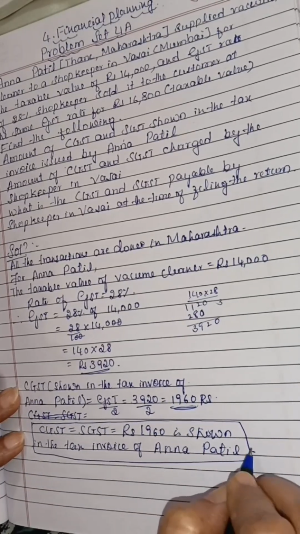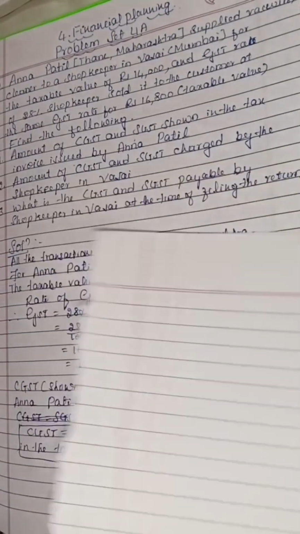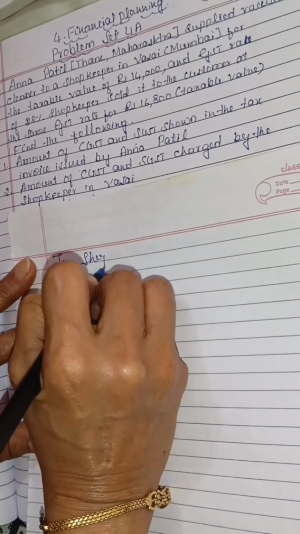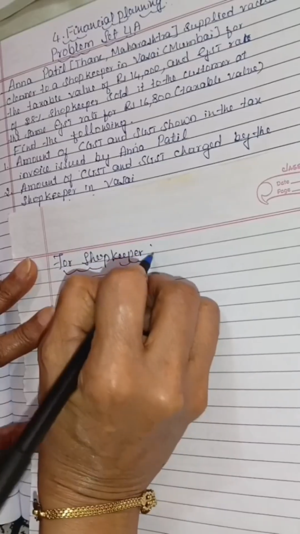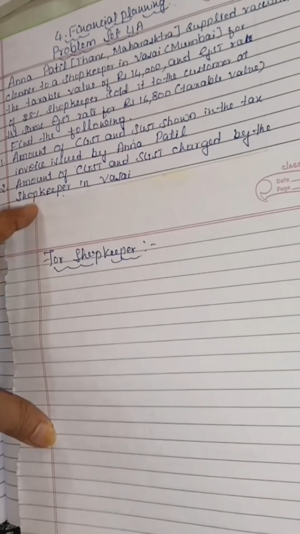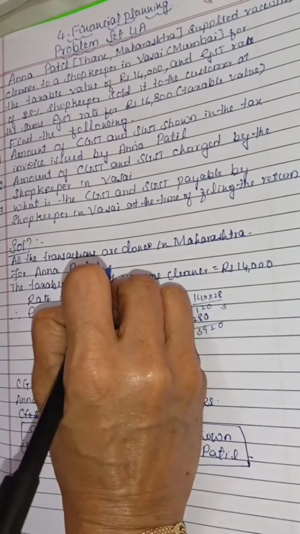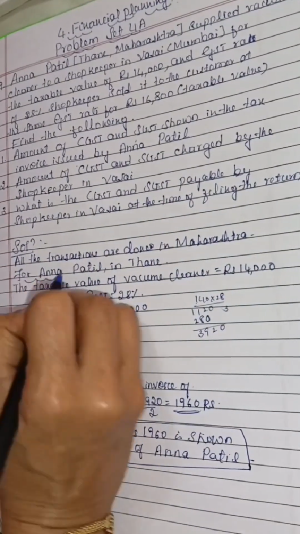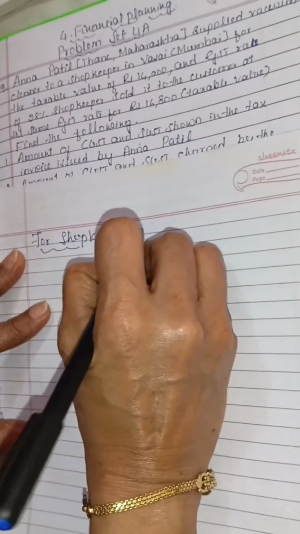Now we have to find out for the shopkeeper. So for Anna Patil in Thane, and this is for the shopkeeper in Vasai.